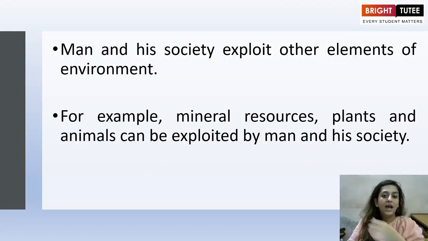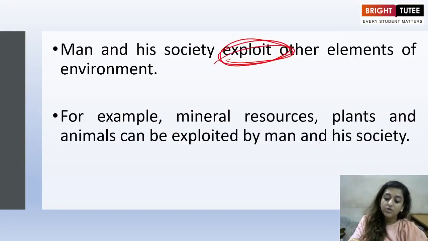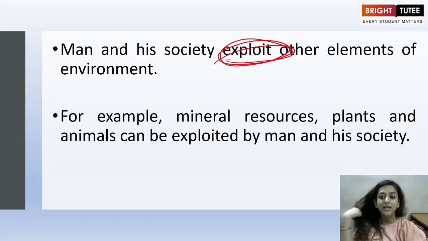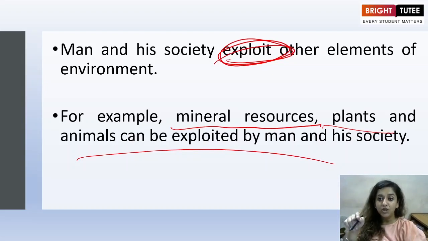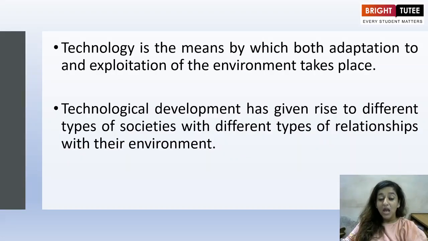However, on the other hand, man and his society exploit other resources or other elements of the environment as well. We do take examples of mineral resources, plants, and animals that can be exploited by society. So you do see a role of man's exploitation when you face challenges with mineral resources, when you see animals being exploited, or plants being exploited.